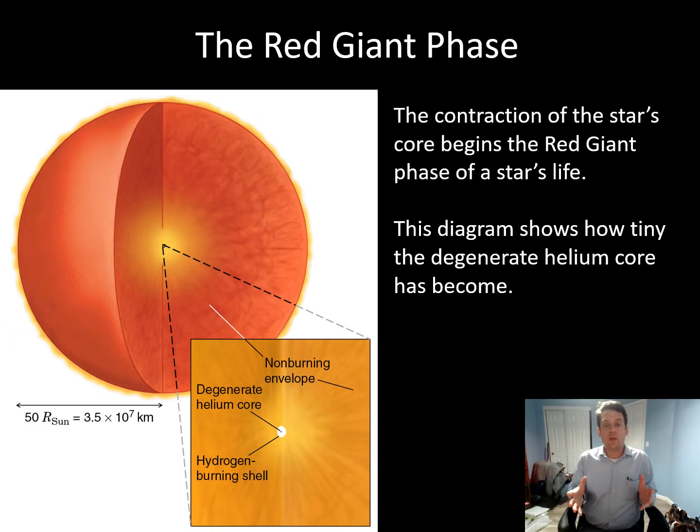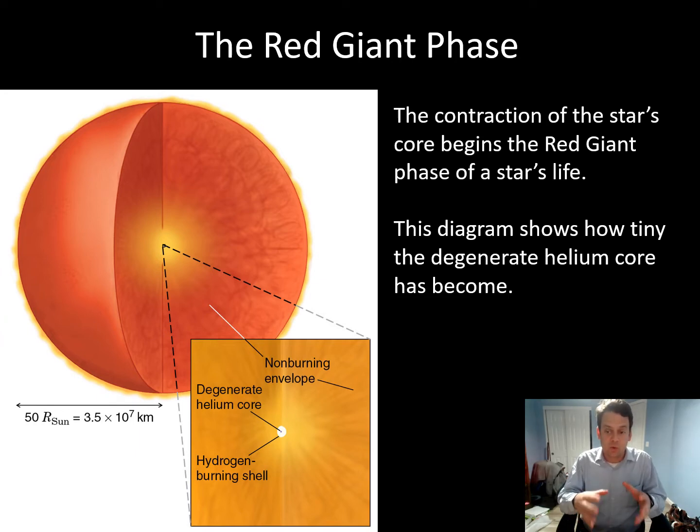But it turns out that one of the implications of this is that as the core region, which we're going to refer to as a degenerate helium core, that just is a fancy way of saying it's very dense, and it's essentially entirely helium nuclei now, because those have been formed through the fusion reactions, that degenerate helium core has gotten very small now.